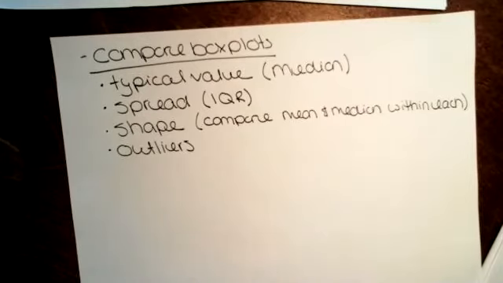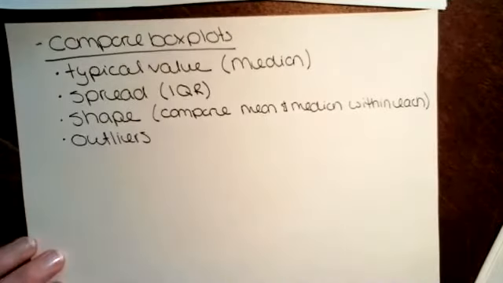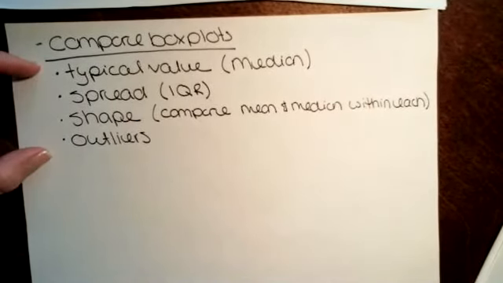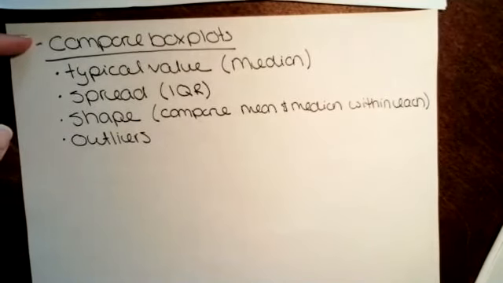Remember, quartiles are not affected by outliers, but the mean is. The average gets pulled with those outliers. So it's important for us to pay attention if we have any of those. That's why we want to make a note when we compare box plots about outliers. So that's really nothing new. It's just now looking at the box plot to do that.